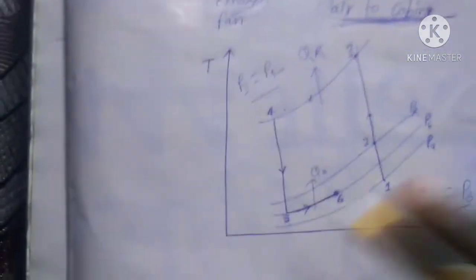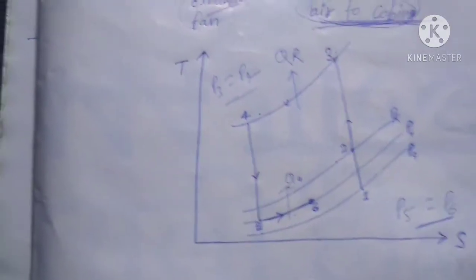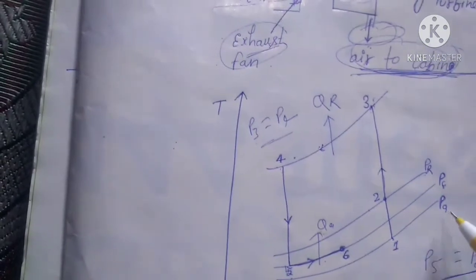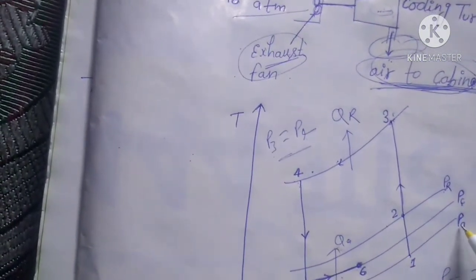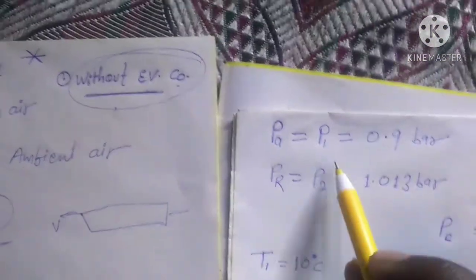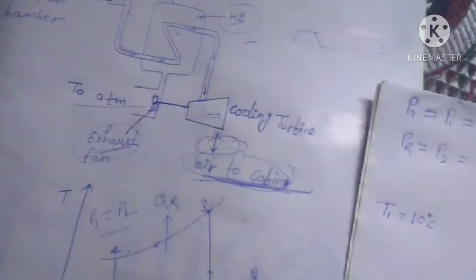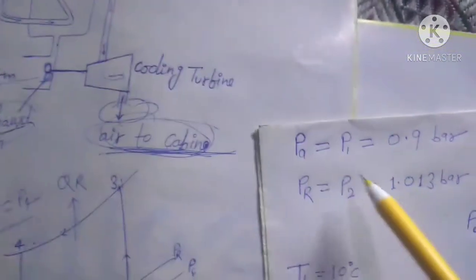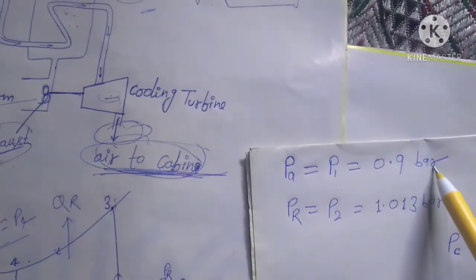You see here friends, this is a figure, a temperature and entropy diagram. Here PA is given, that means atmospheric pressure is given as 0.9 bar. Here you see PA, that means P1, equals 0.9 bar.